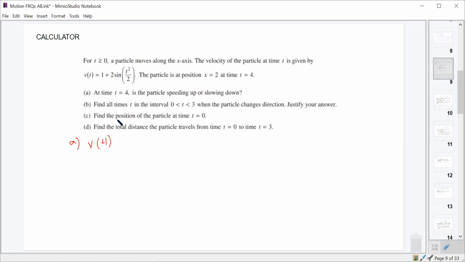Using your calculator, v of 4 should come out to be 2.9 something, clearly positive. Then you'd use your calculator to evaluate the derivative, the acceleration at 4, and that comes out to be negative 1.164 something, which is less than 0. And so we would say it is slowing down.